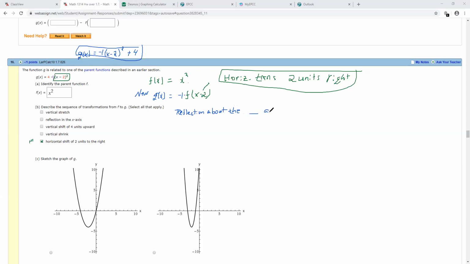And what did we say, Griselda, happens when you reflect over the y-axis? We had a point like, whatever it was, 4, 2. What happens to the point 4, 2 when you reflect it over the y-axis? It becomes what point, Griselda?